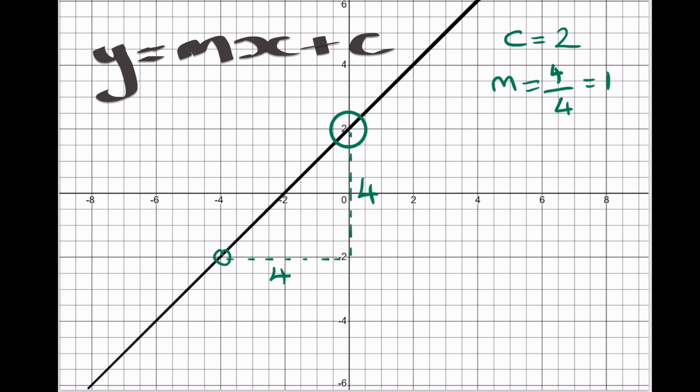Really worth taking note of this. m is your gradient and c is your y-intercept. So if I go back, I can write my whole equation out. y is equal to, now my gradient was 1, so it'd have 1x. In algebra, you don't write the 1, so it's x, and then plus where it crosses the y-axis, which is 2. So plus our c value of 2. And now we've generated an equation.